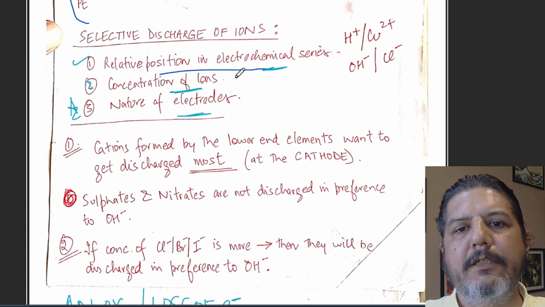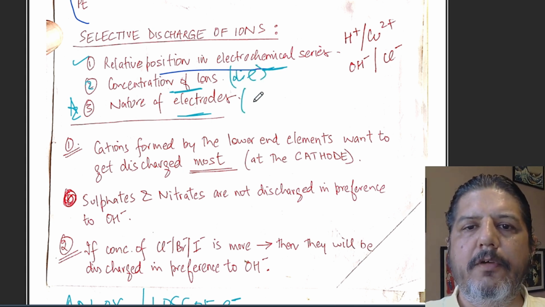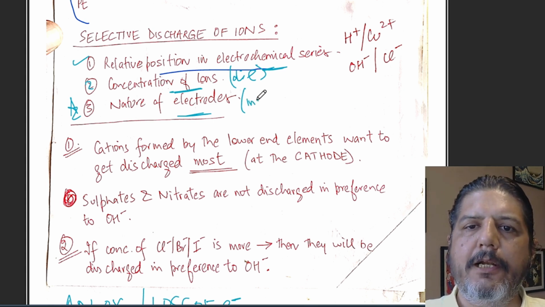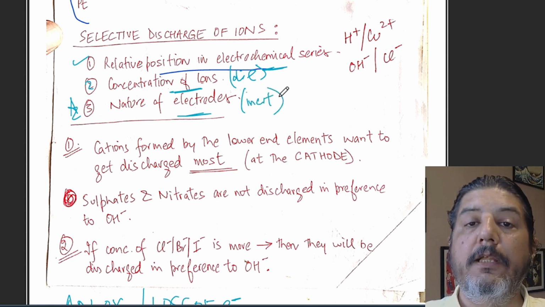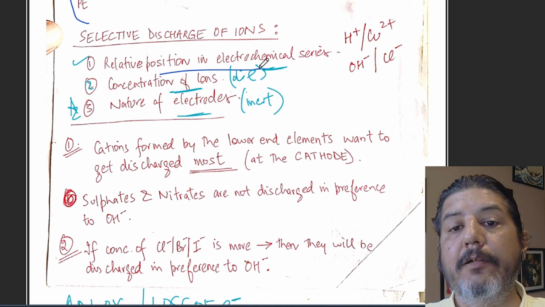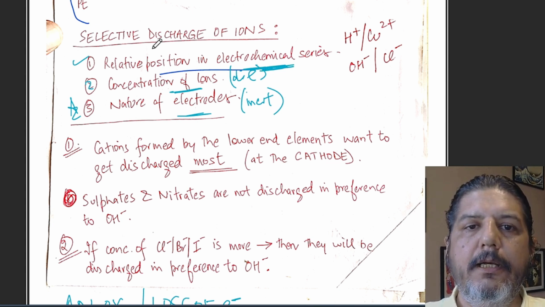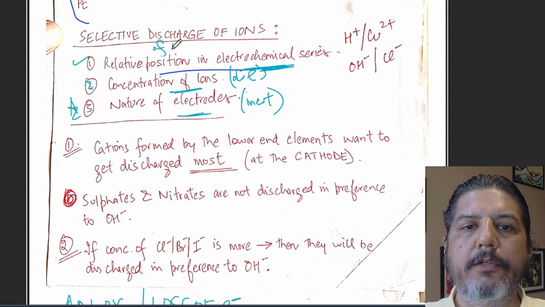Concentration of ions in this case is dilute. We have a dilute NaCl solution. Nature of electrodes: there are two types of electrodes. We have an inert electrode, we don't have an active electrode. Now, relative position of ions in the electrochemical series.